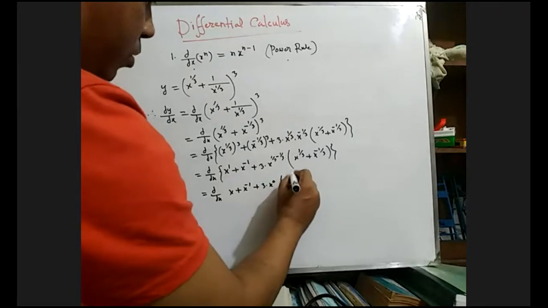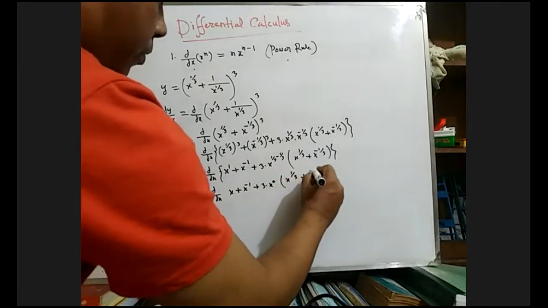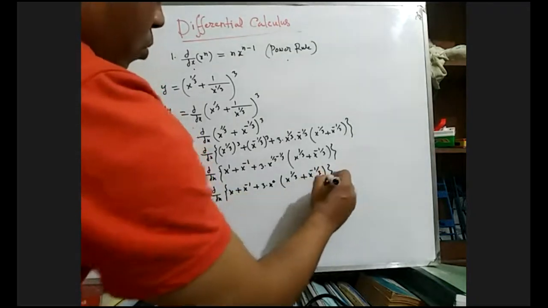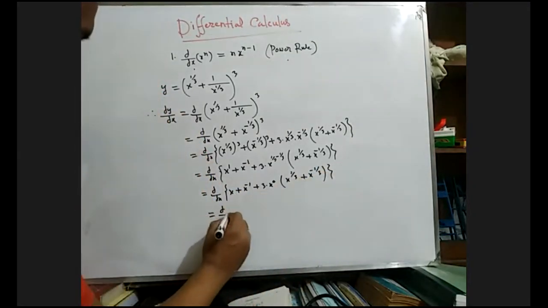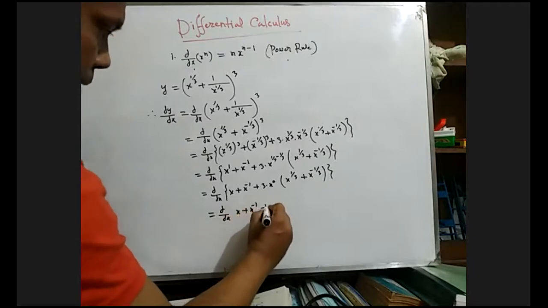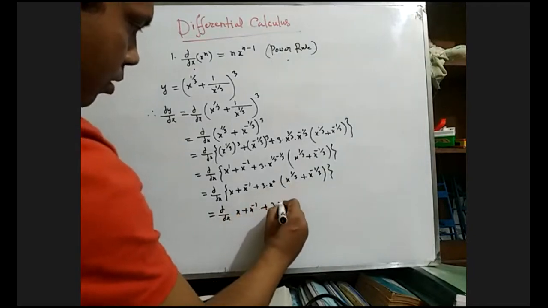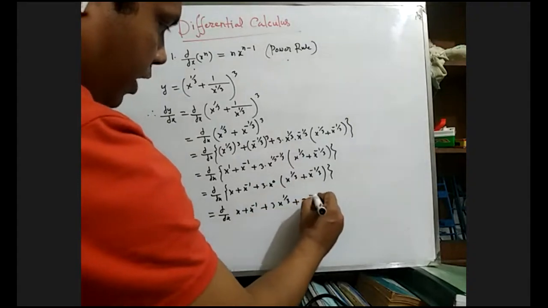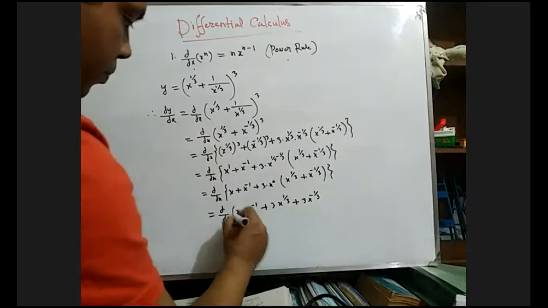X to the power 0 means 1. So d/dx of x plus x to the minus 1 plus 3 into x to the minus 1 by 3.